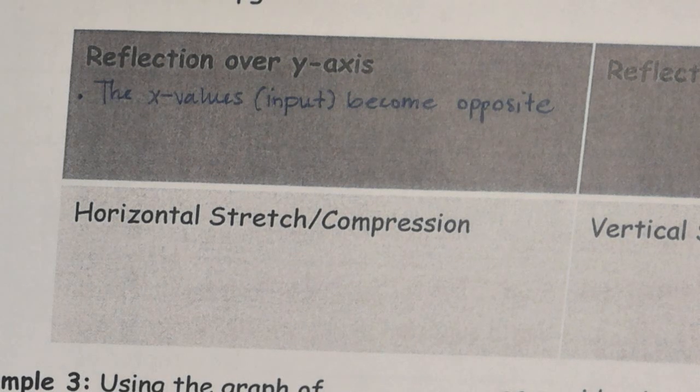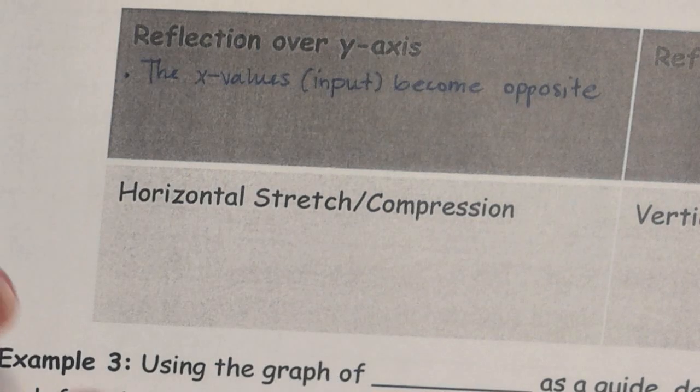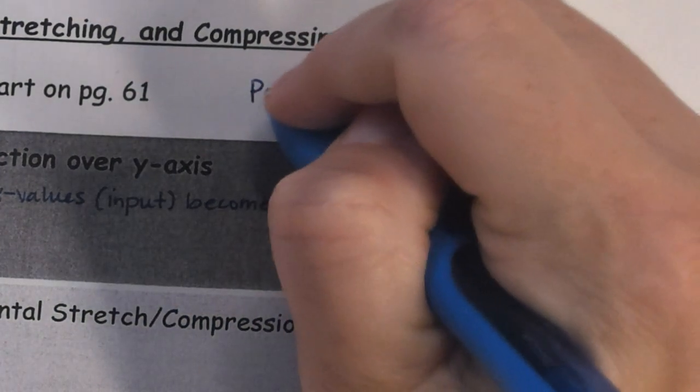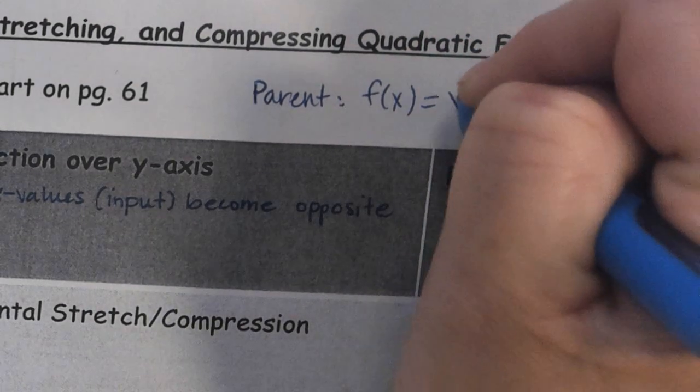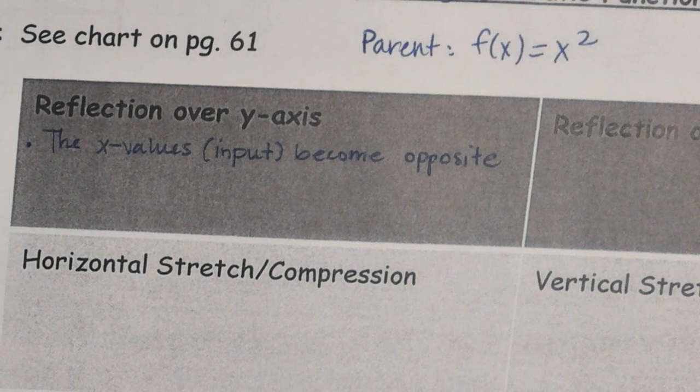Okay, and then the x values, if they become opposite, what we're going to do is see what happens when we plug this into the parent function. Remember that the parent function is f of x equals x squared. So that's where we're going to plug that in.